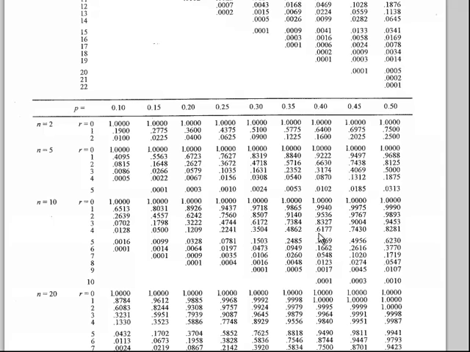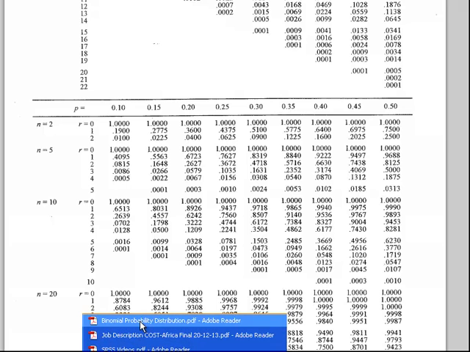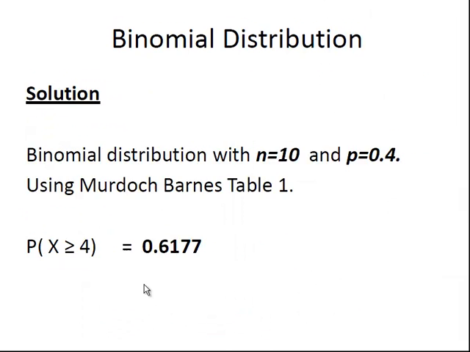So the probability of x greater than or equal to 4: just ignore everything else, go to where r is equal to 4, and we find the answer to be 0.6177. That's straightforward enough, so that's the answer to the first question. The probability of x being greater than or equal to 4 is 0.6177.